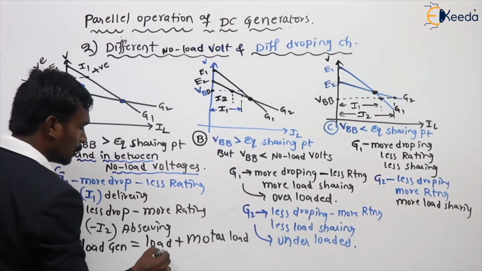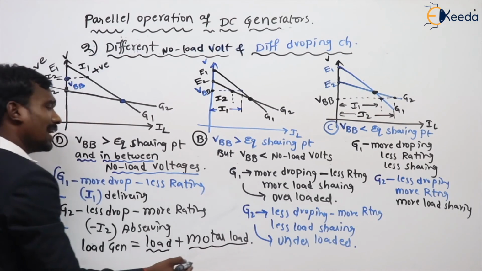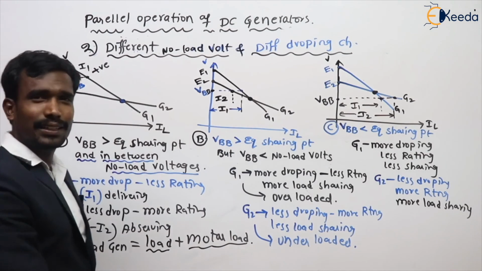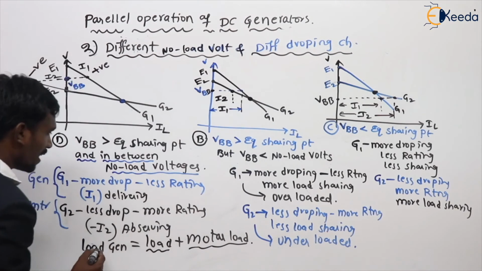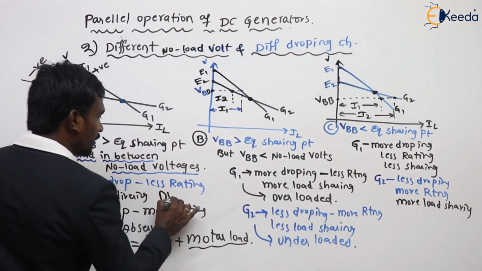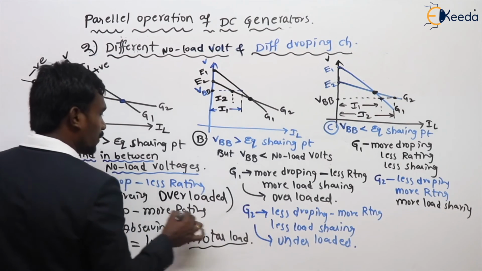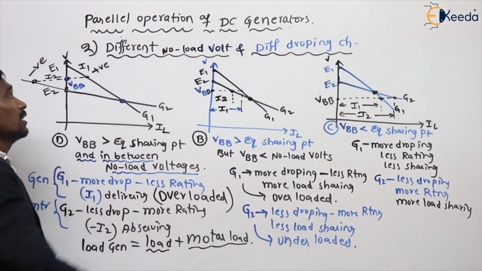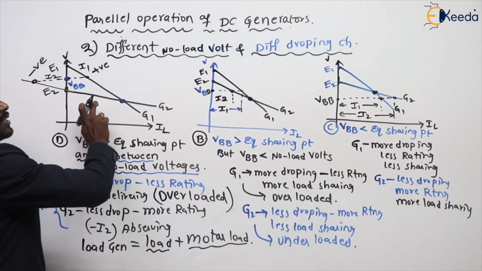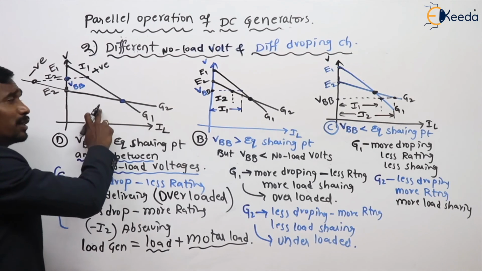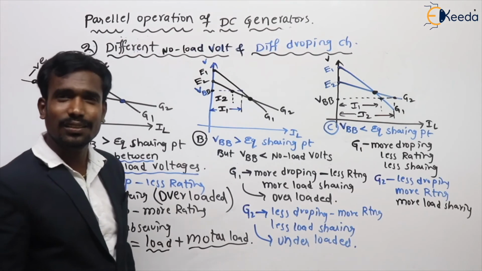Actually, we have some load, and the motor is another burden to my generator. So here my generator is very overloaded. This is a very dangerous condition. Don't operate two DC generators like this. This is a very dangerous condition.